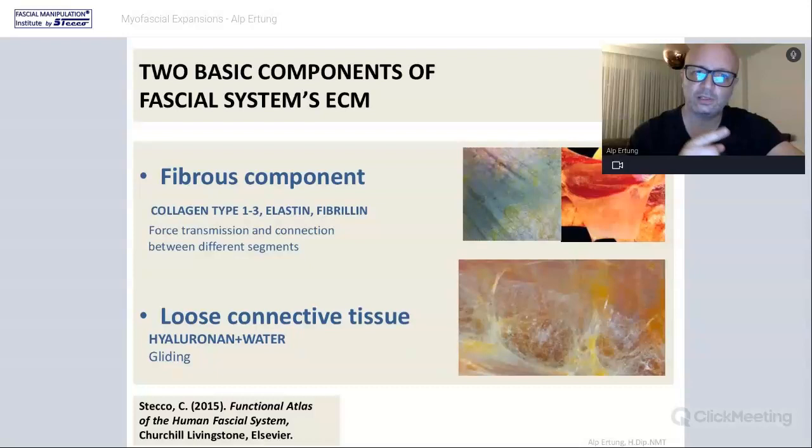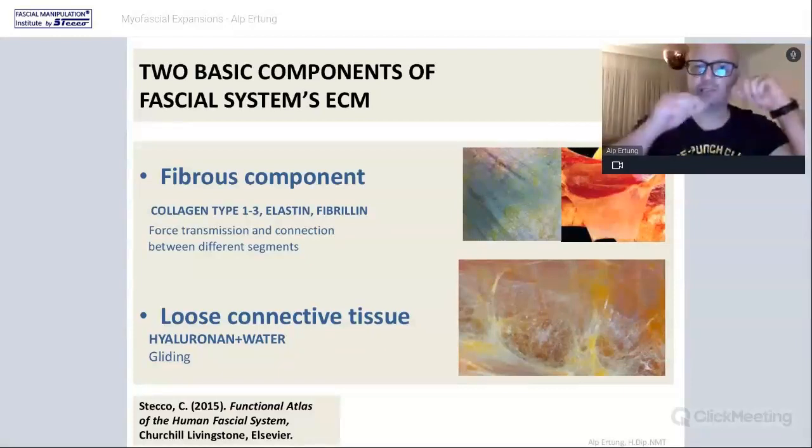It's mostly collagen type 1 and 3. Of course, there are more, but mostly fibrillin. It's for force transmission and connection between different segments, okay? Like we talked about the aponeurotic fascia covering all the muscles and creating relationships between these muscles.